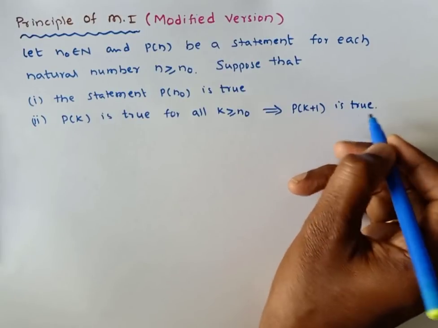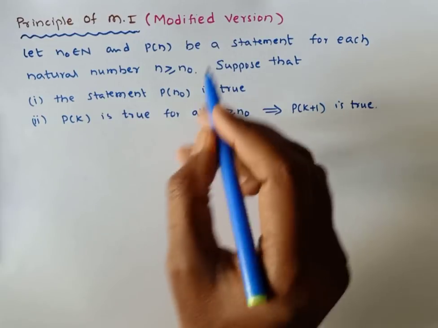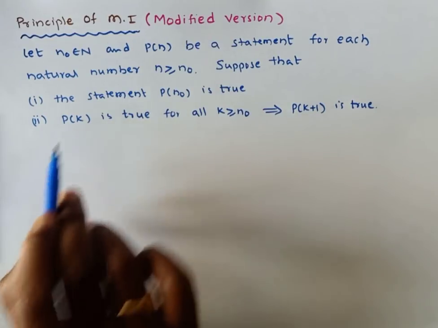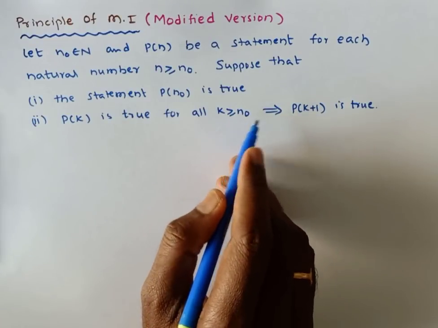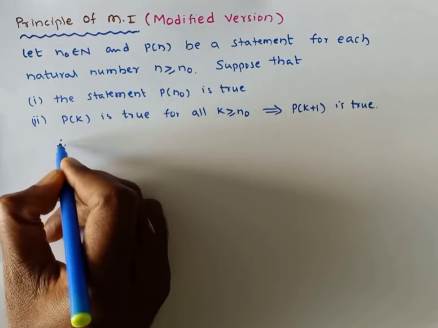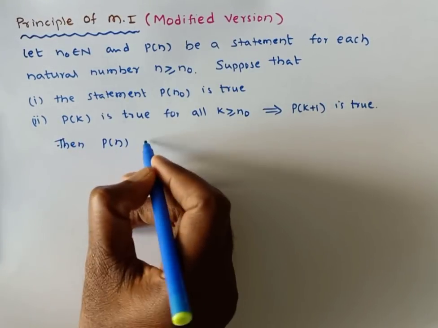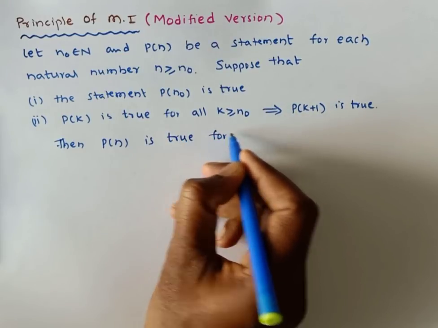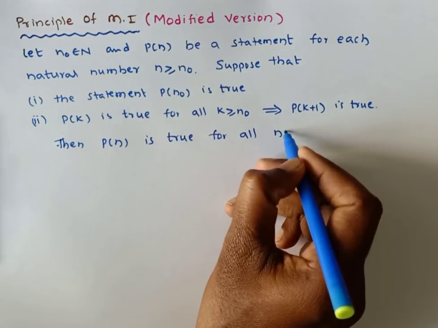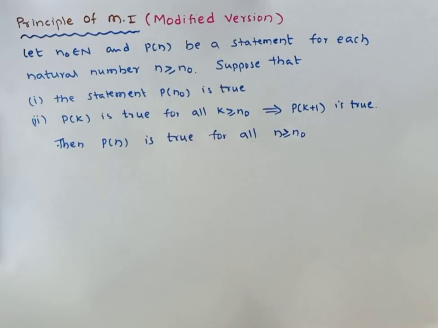Means, so the given statement is true for n equals to k plus 1 whenever it is true for k, where k is greater than or equals to n naught. Here we can conclude then the statement P of n is true for all n greater than or equals to n naught. For all natural numbers n greater than or equals to n naught.